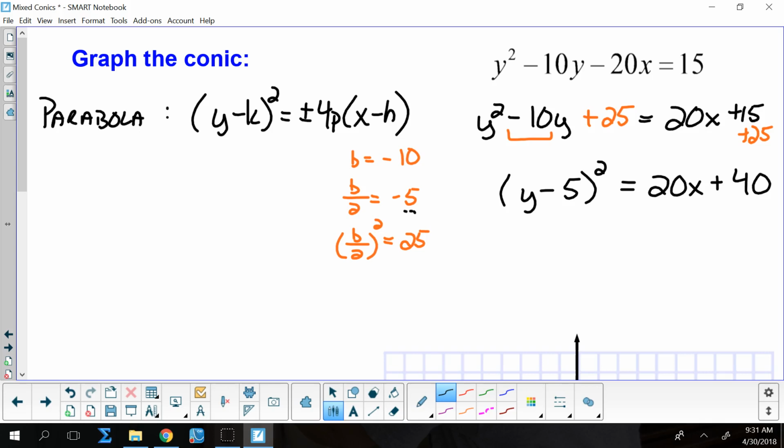Do I have it in standard form yet? Why not? So what should I do on the right side?